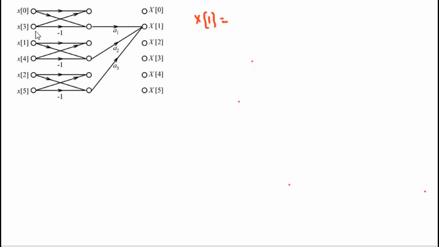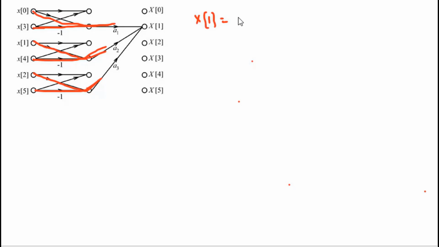From this signal flow graph, you can write x of 1 as x0 times a1 minus x3 times a1. Similarly, x1 times a2 and minus x4 times a2, x2 times a3 and minus x5 times a3.